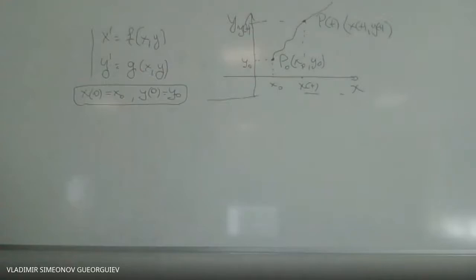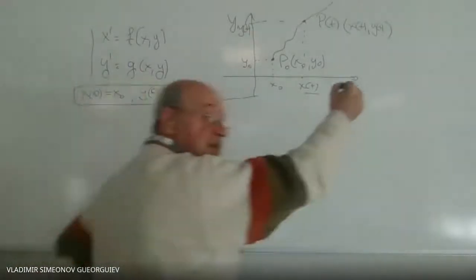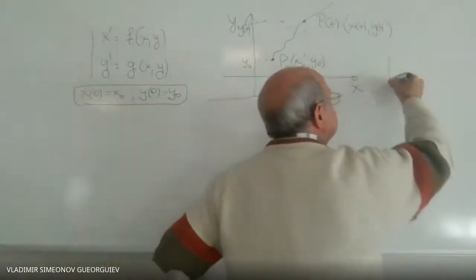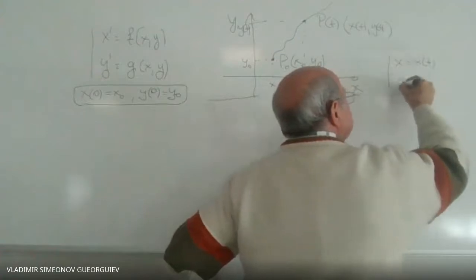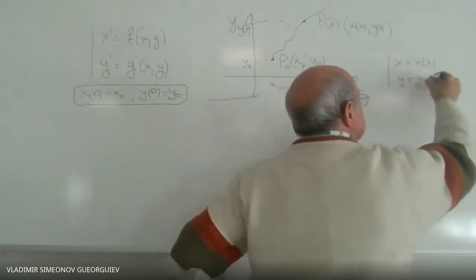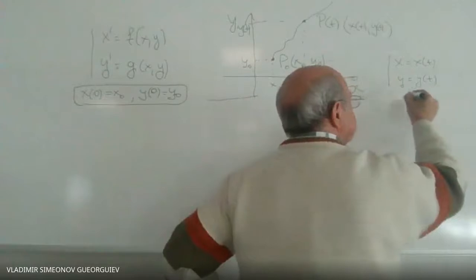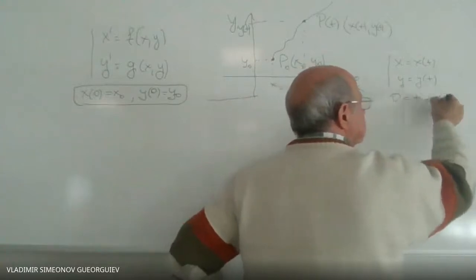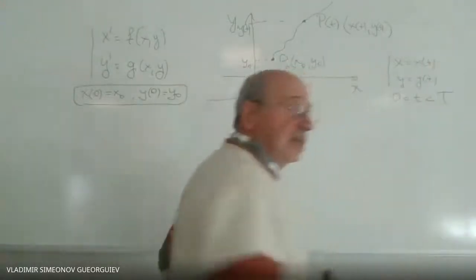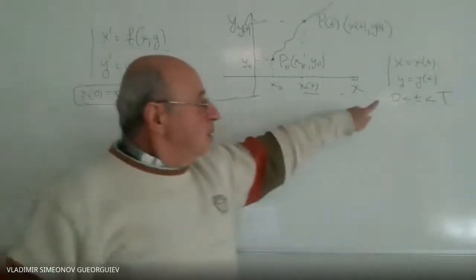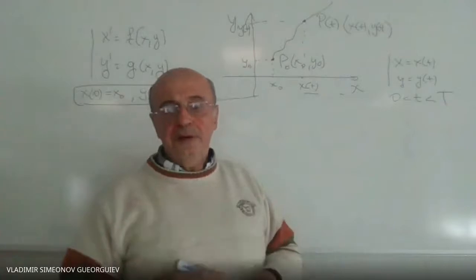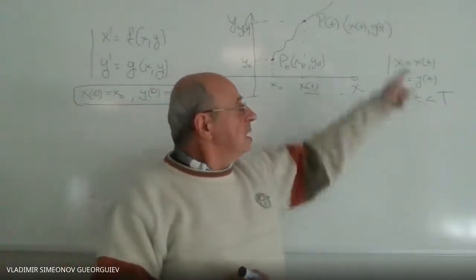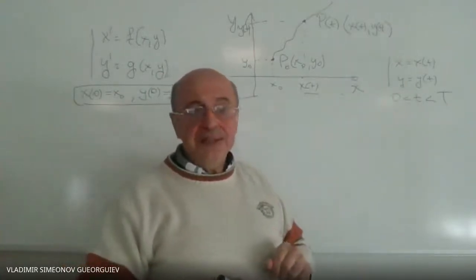How is this curve defined? X is x(t) and epsilon is epsilon(t). We define this curve with the following system. It is clear that when t varies, for example, from 0 to some capital T, when the time is in this interval, then we have a curve defined by this equation.